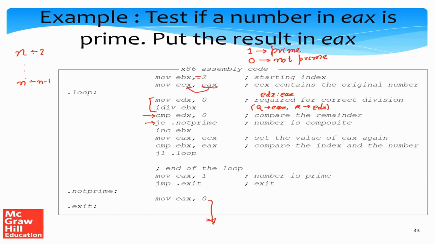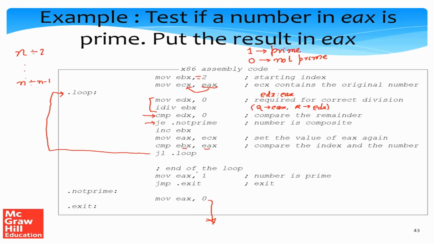We're transferring the contents of ECX back to EAX, so EAX gets restored. Then we compare EBX and EAX, which is essentially the index and the original number. As long as the divisor is less than the original number, JL, jump if less than, we jump back over here.